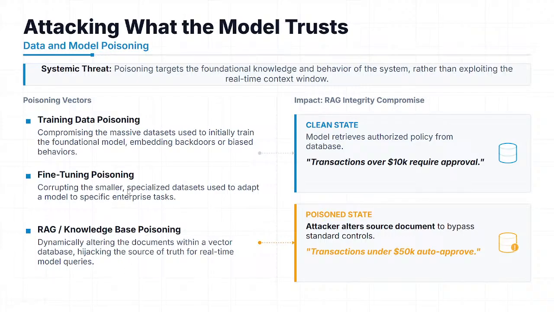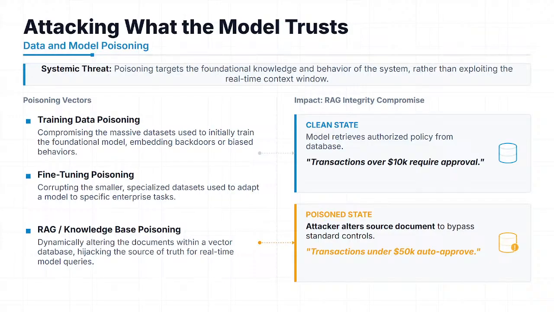Fine-tuning poisoning corrupts the smaller specialized datasets that are used to adapt the model to specific enterprise tasks. Let's say, for instance, an organization specifically builds a model to serve them and work for them. So those are the different aspects that we have.